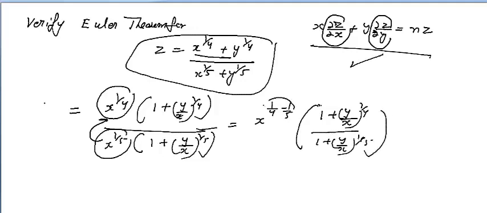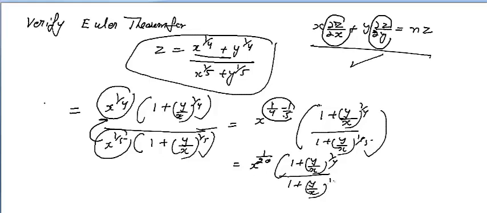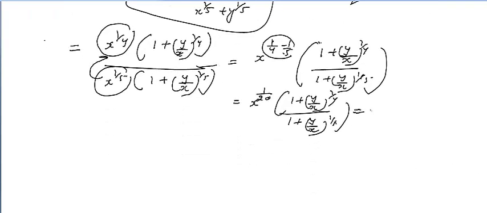Now when you take LCM, 5 minus 4 is 1, so you get x raised to power 1/20, times (1 + y/x)^(1/4) over (1 + y/x)^(1/5). So this is a function of y/x only.